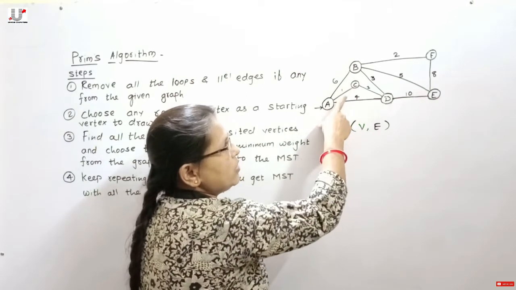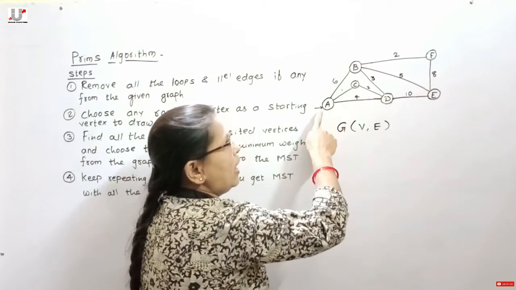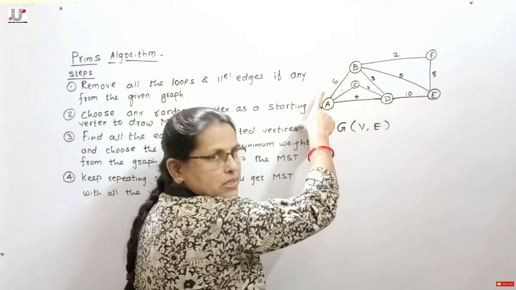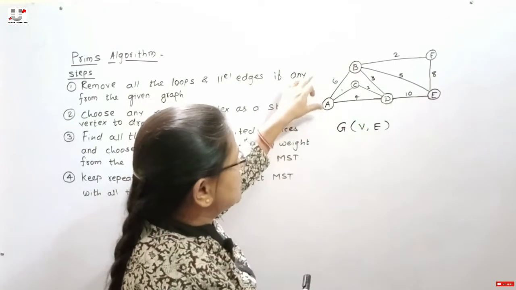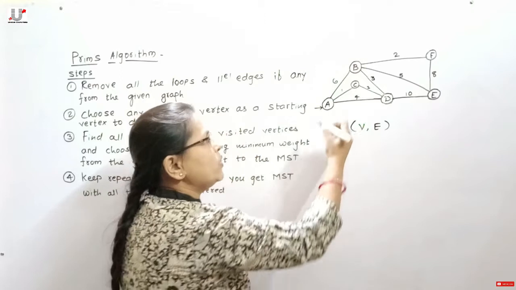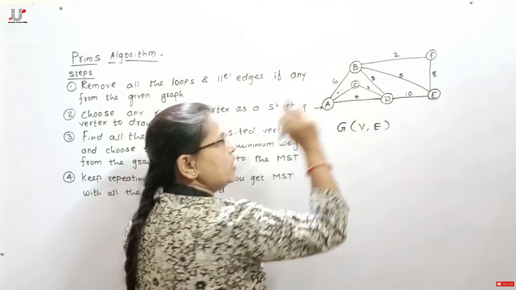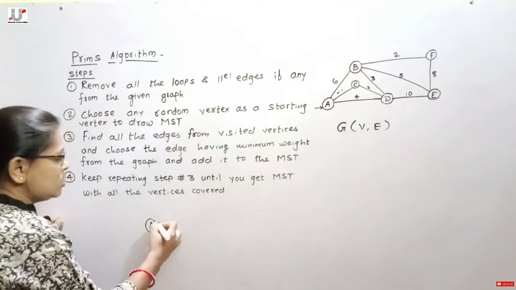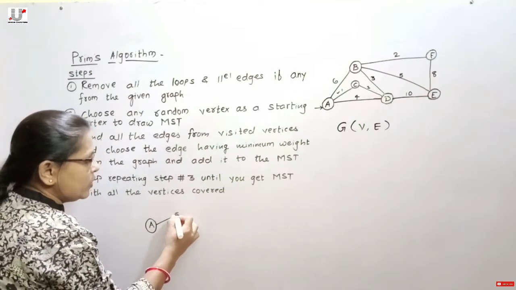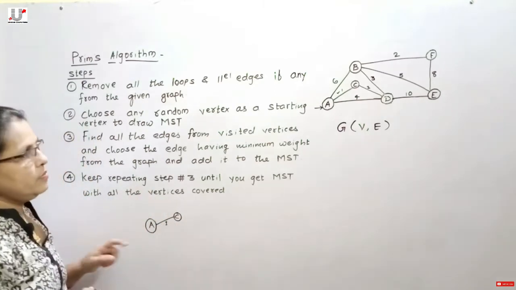A to C has weight 1, A to D has weight 4 and A to B has weight 6. Out of these you have to choose the edge with minimum weight. So here A to C has weight 1. So add A to C with weight 1 to the minimum spanning tree.